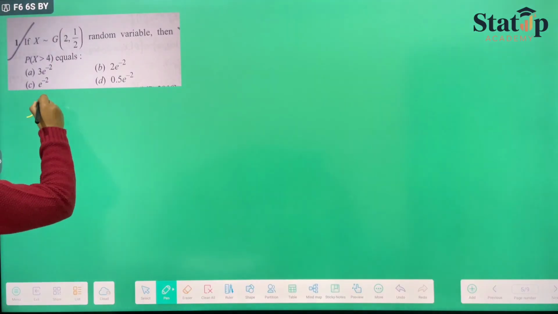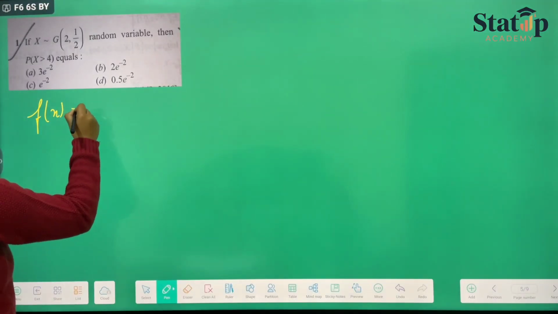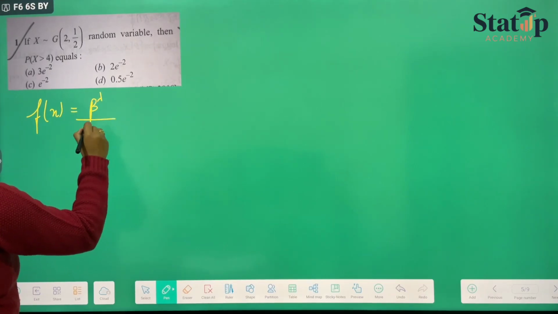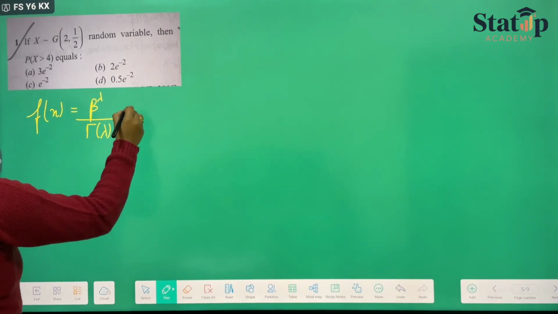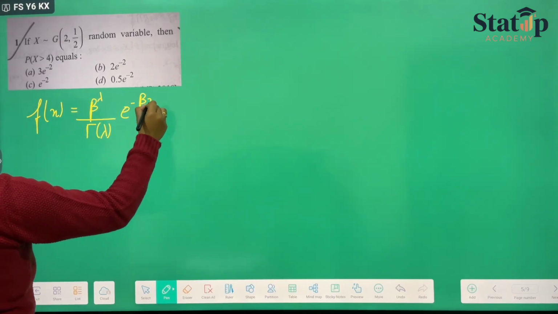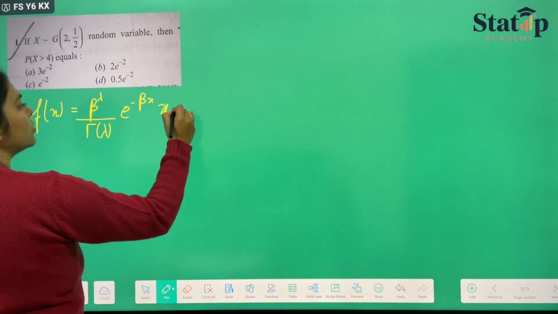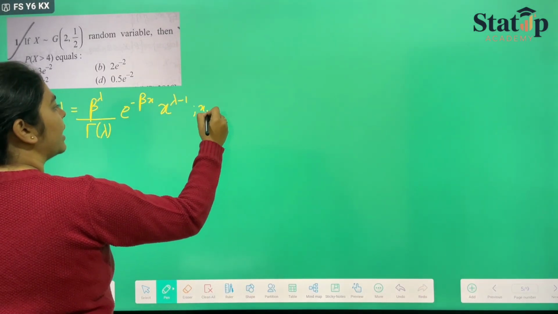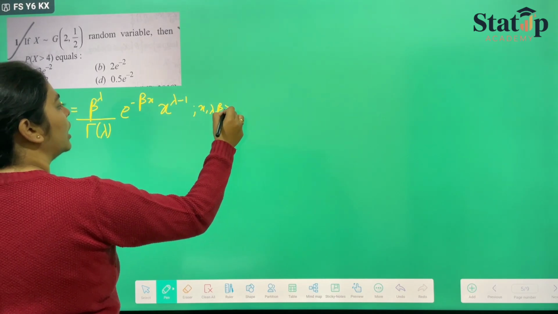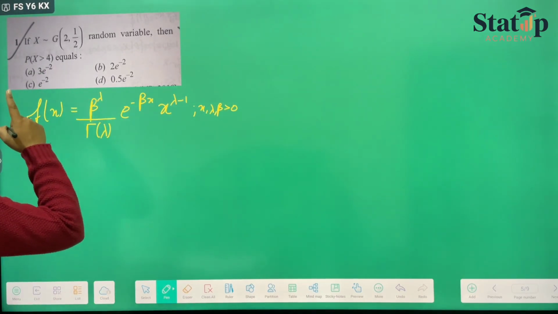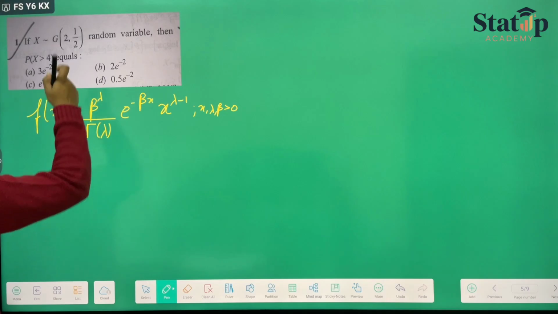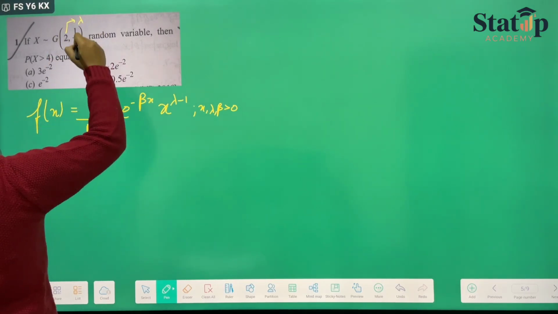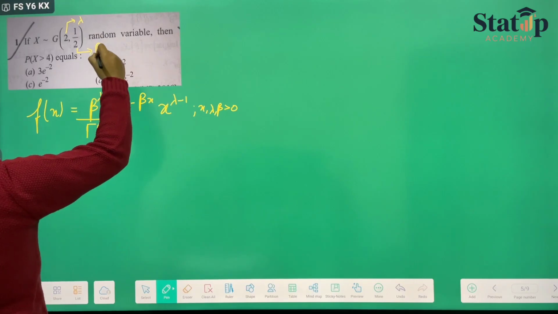Now we know that f(x) is nothing but beta raised to the power lambda upon gamma lambda, e raised to the power minus beta x, and x raised to the power lambda minus 1, where lambda, x and beta are all greater than 0. Now if we put the values here, 2 is the value for lambda and this half is the value for beta.